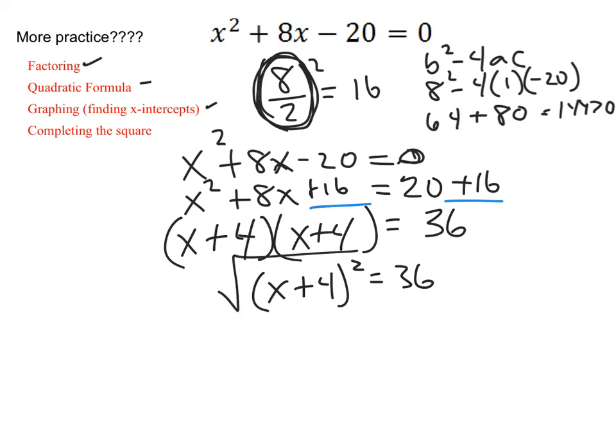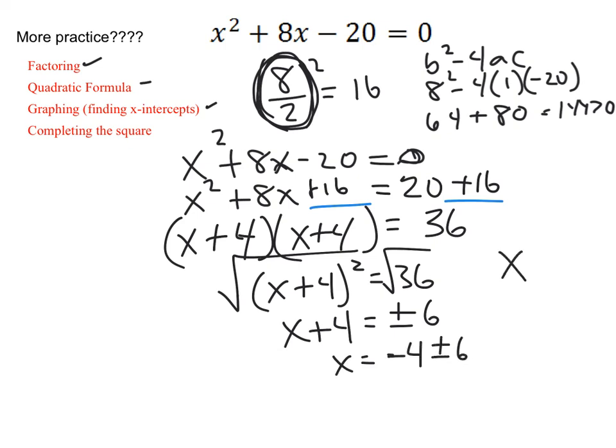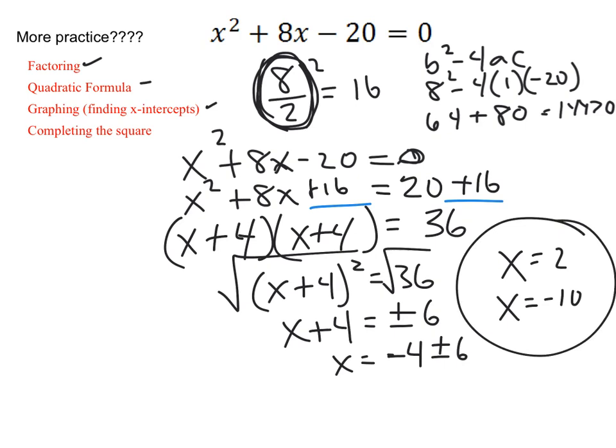Now I just have to solve for x. Square root both sides. Don't forget, square root of 36 is plus or minus 6. Subtract the 4 over, and now I'm going to get two answers. Negative 4 plus 6 and negative 4 minus 6. And there are my two roots, or my two solutions.